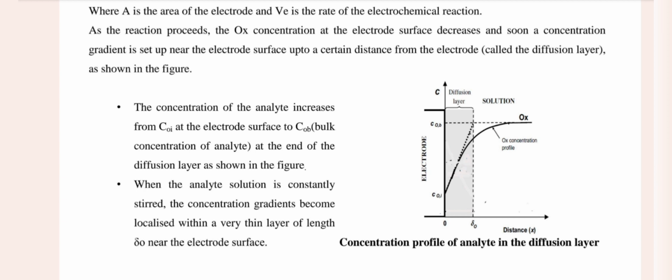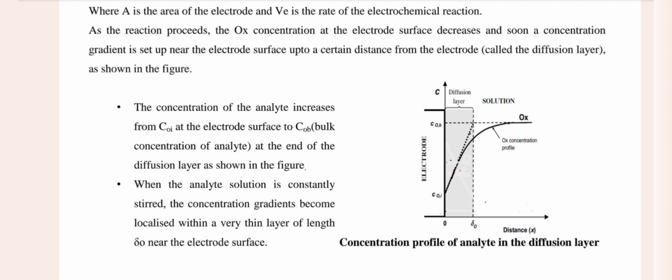The concentration of the analyte increases from C_OI, the concentration at the surface of the electrode, to C_OB, the concentration of the bulk solution, at the edge of the diffusion layer.